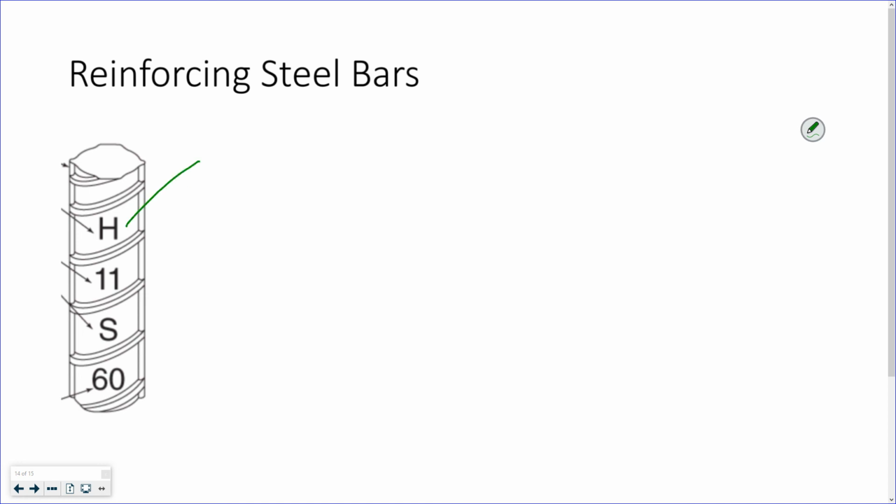This H is the letter or the symbol of who produced it. Who made this bar?